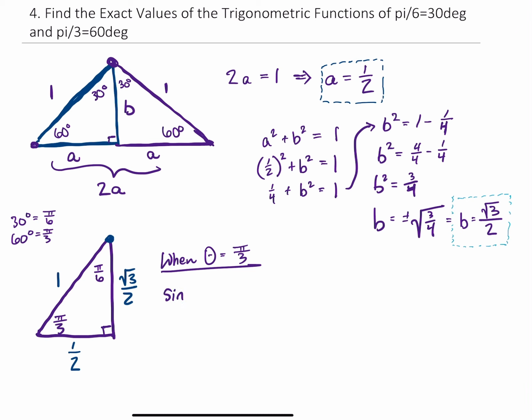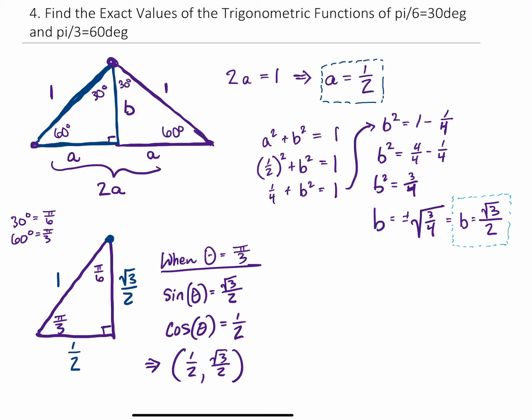So we can say the sine of theta when theta equals pi over 3 is root 3 over 2. And then we can say the cosine is adjacent over hypotenuse, so 1/2 over 1, or just 1/2. That means for pi over 3, or for 60 degrees, we'll get the coordinate point 1/2, root 3 over 2.